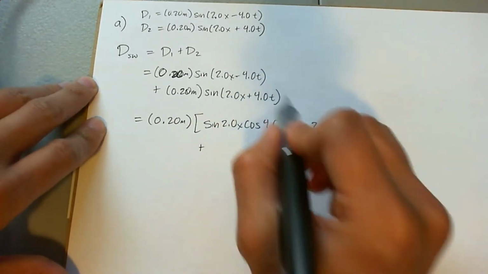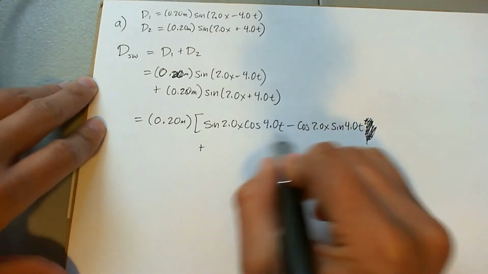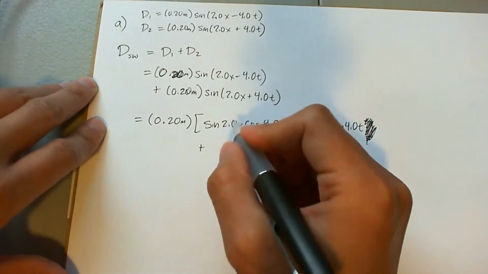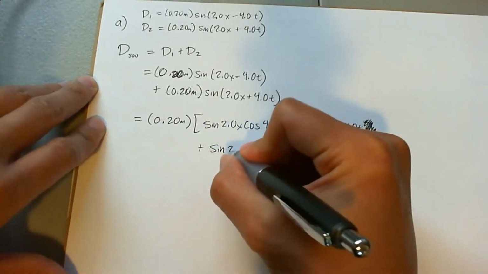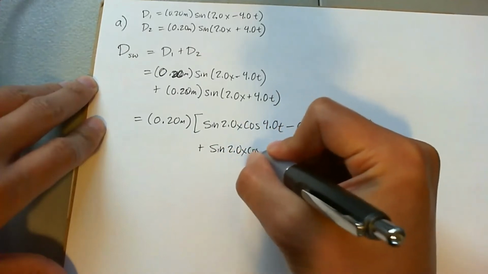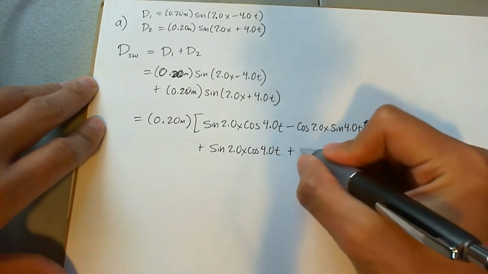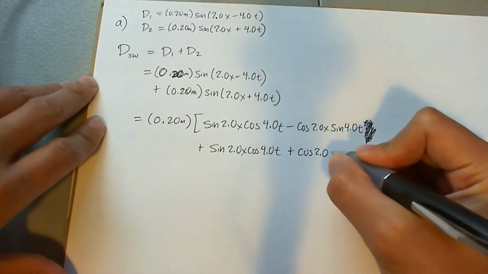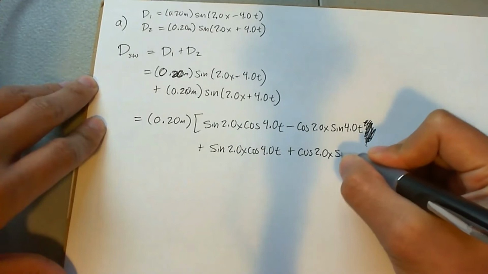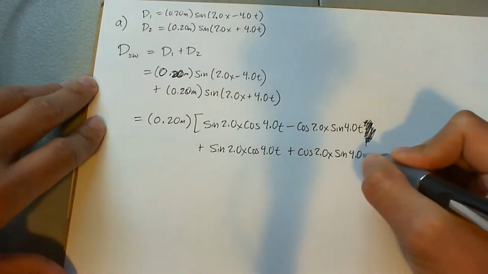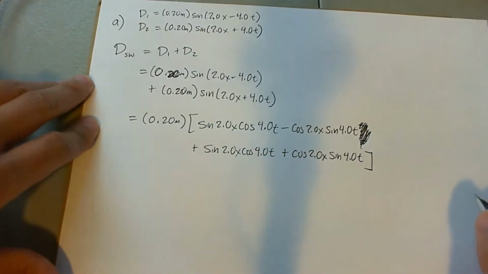Now there's a plus sign here, so this is not going to be completely duplicated down here. It's going to be sine of the first argument, cosine of the second argument. Now instead of a minus, it's plus cosine of the first argument times the sine of the second argument. And now we have the closed parentheses.